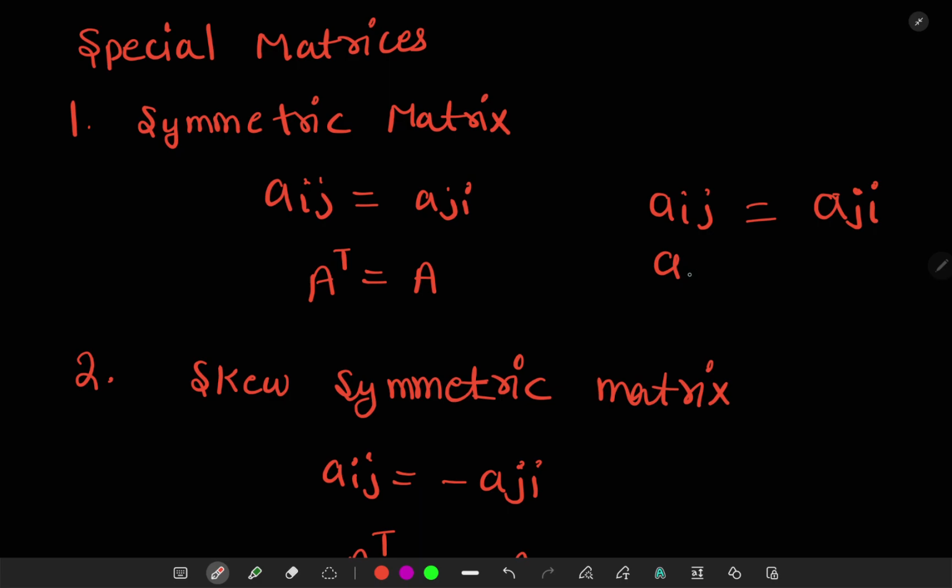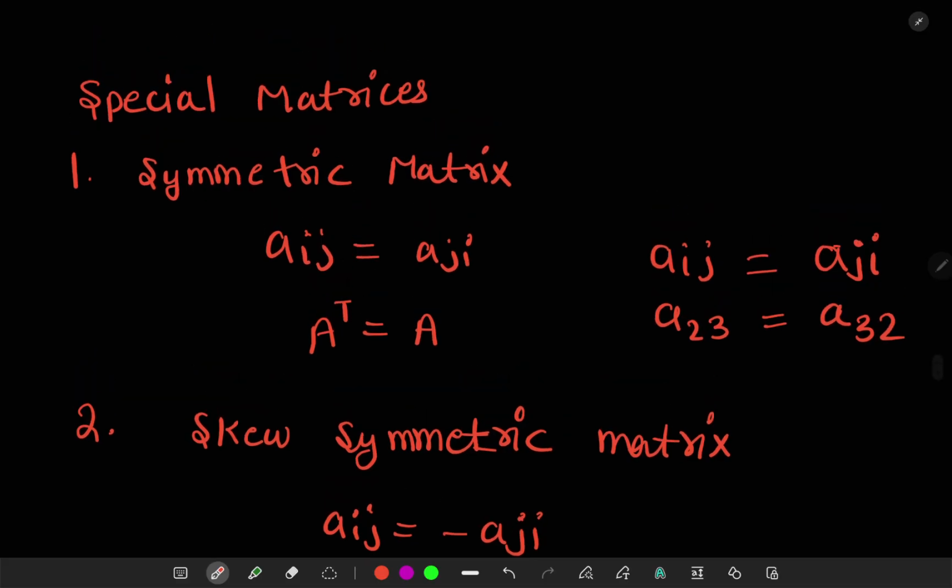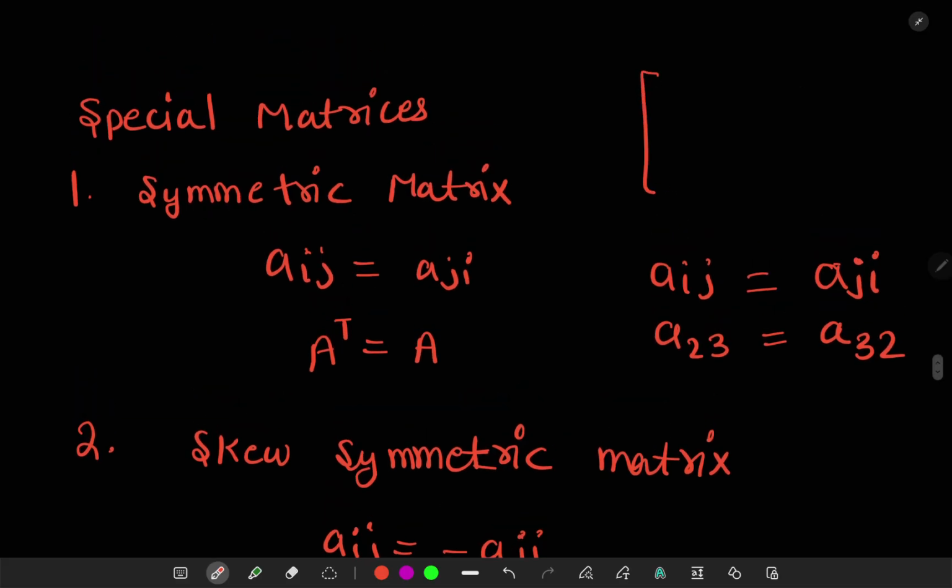For example, if i is 2 and j is 3, let's take a general matrix notation of order 3 into 3.